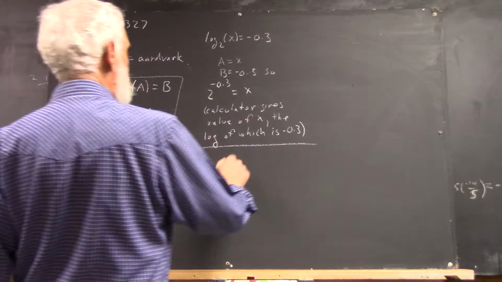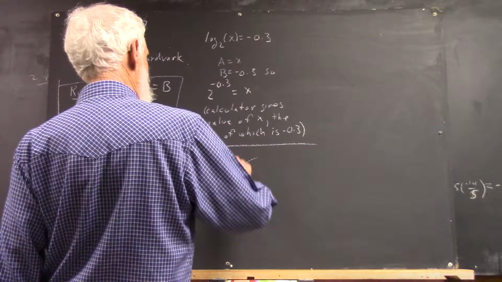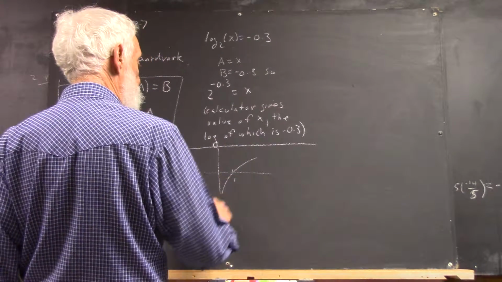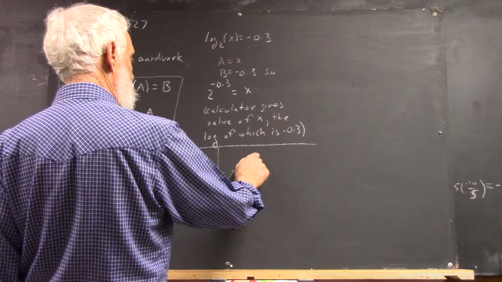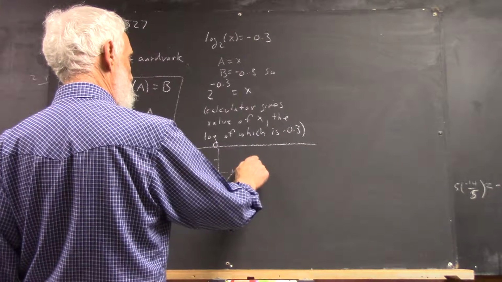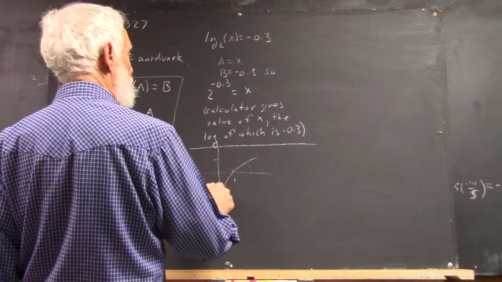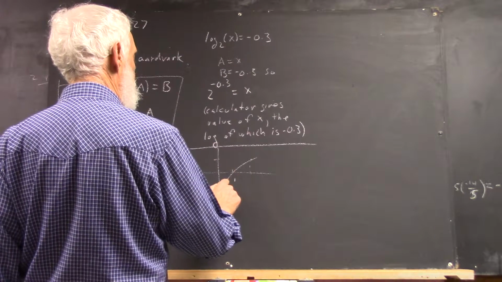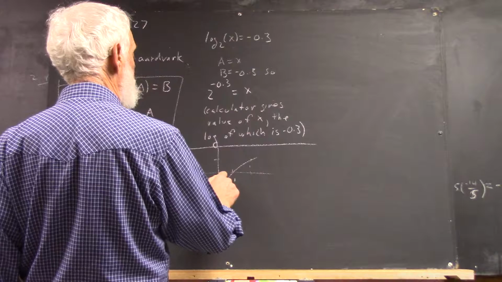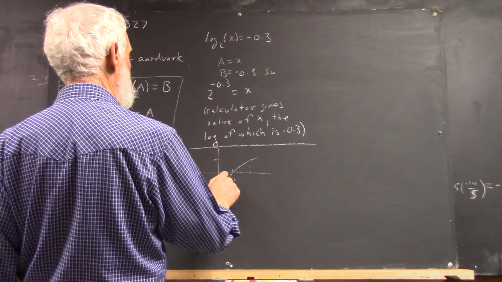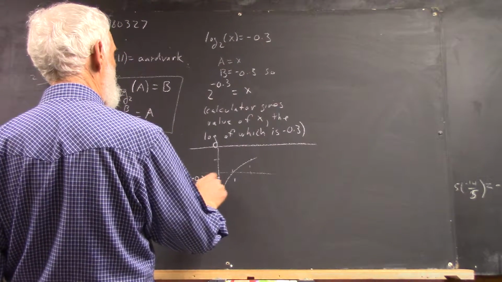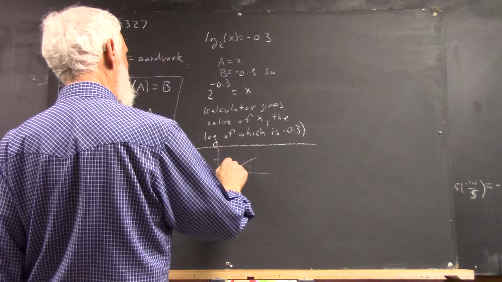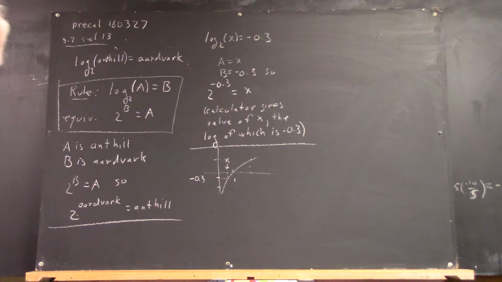On your picture, I was not going to do this, but I am. Just slop down a graph that looks like the log of x. You know 1 is here, and 1 on the y-axis would be here, so that the negative 0.3 is here, so x is here, right?